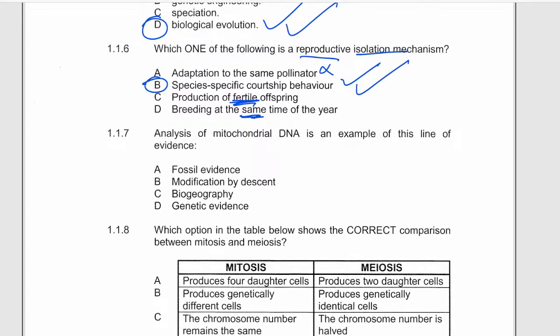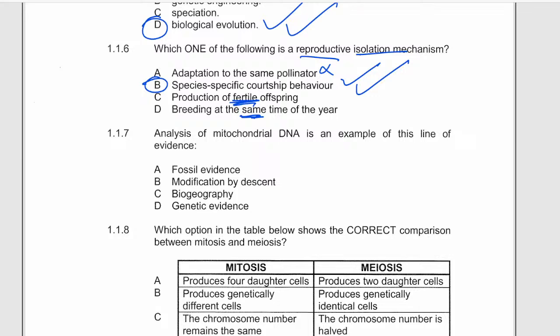Analysis of mitochondrial DNA is an example of a line of evidence. We talked about this and emphasized it, and I say that when you talk about the evidence of evolution, we say that genetic evidence, the mitochondrial DNA, is the evidence of the out of Africa hypothesis. We say that mitochondrial DNA is an example of genetic evidence.